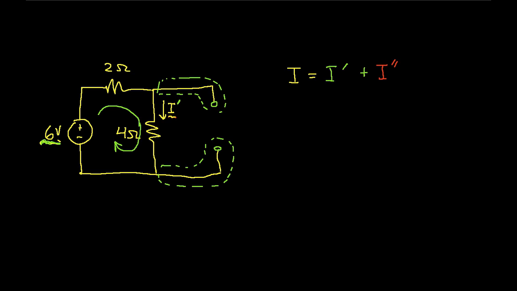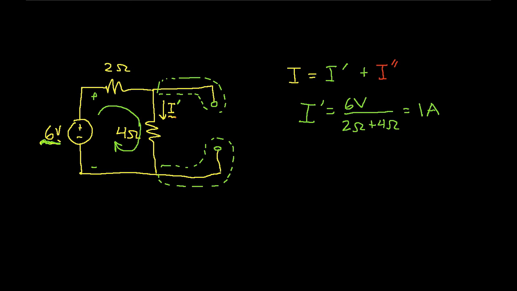And in fact, I have 6 volts across this point, and then I have these 2 resistors, the 2 ohm resistor and the 4 ohm resistor, in series. So I can get then that the current I prime is going to be the total voltage, which in this case is 6 volts, divided by the total resistance, which is 2 ohms plus 4 ohms. So I prime is going to be 1 amp. Okay, well, that wasn't so bad, was it?